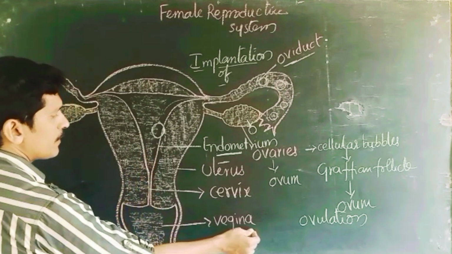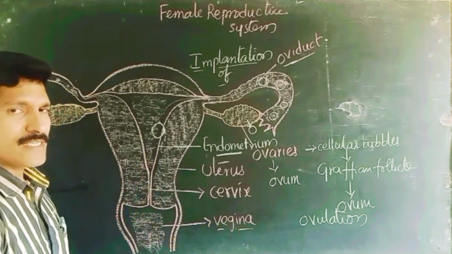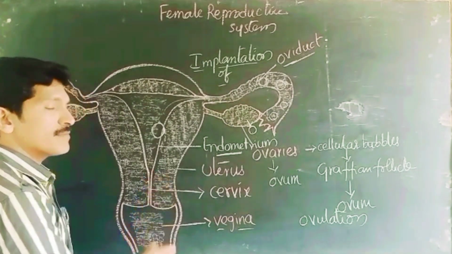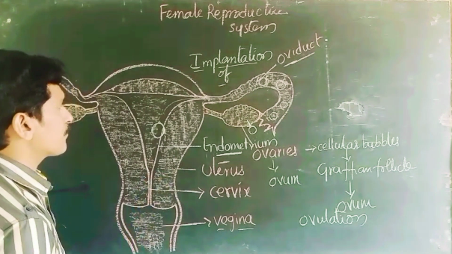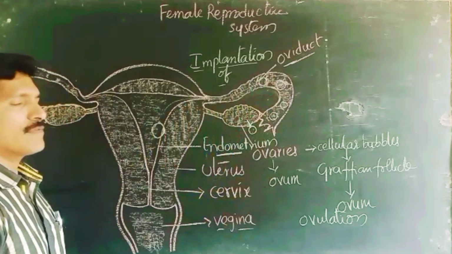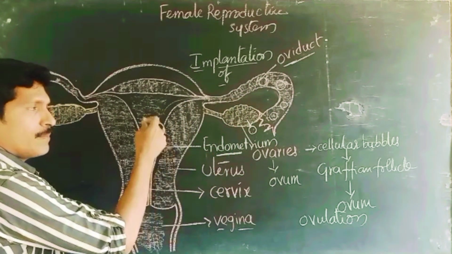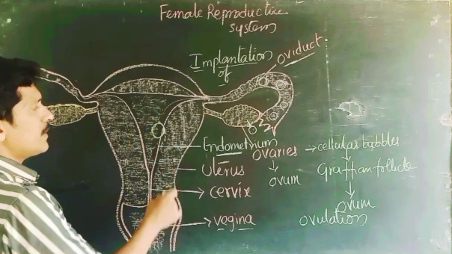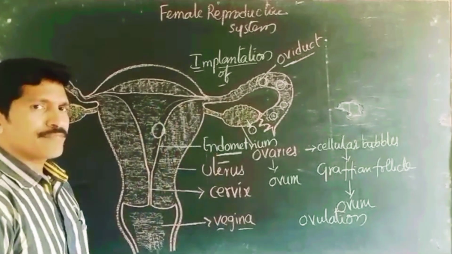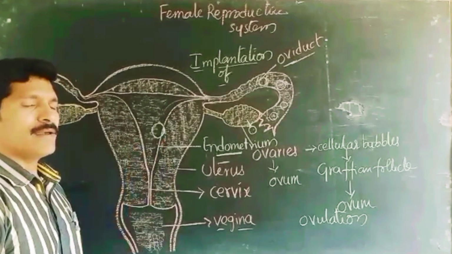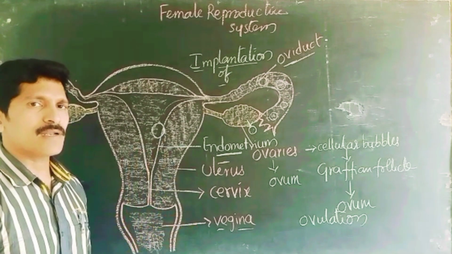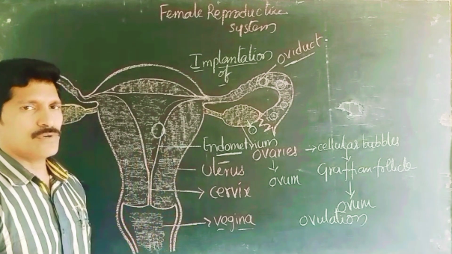The lower part of the female reproductive system, the vagina, is a tube-like structure which receives the sperm cells from the male reproductive organ. After ovulation, fertilization and implantation of the embryo, the embryo develops day by day. Complete development of the embryo from the zygote usually takes 9 months, or 270 to 280 days.